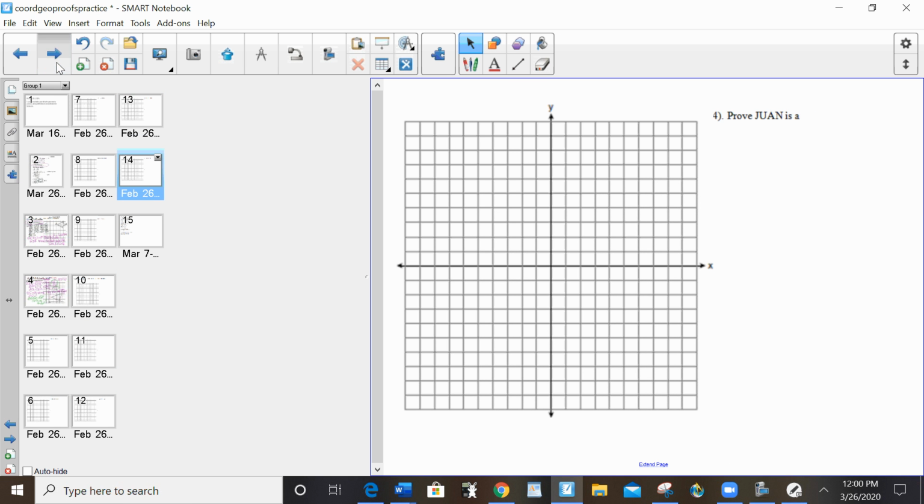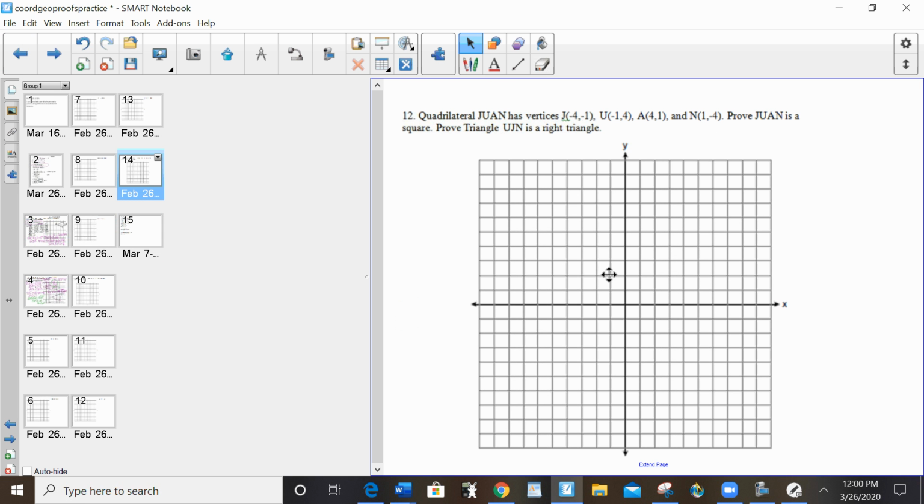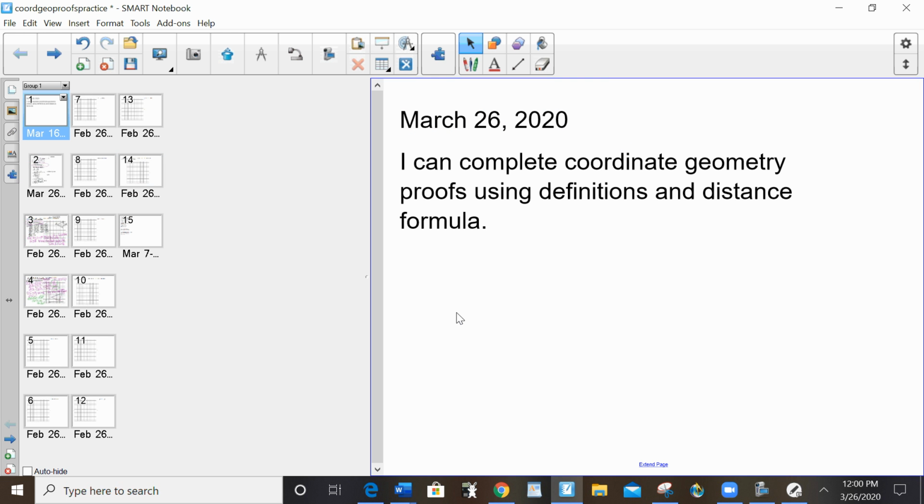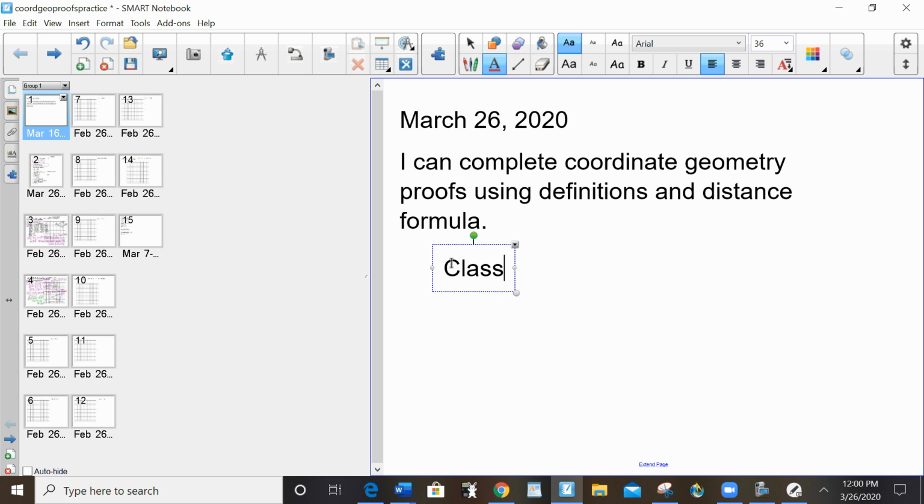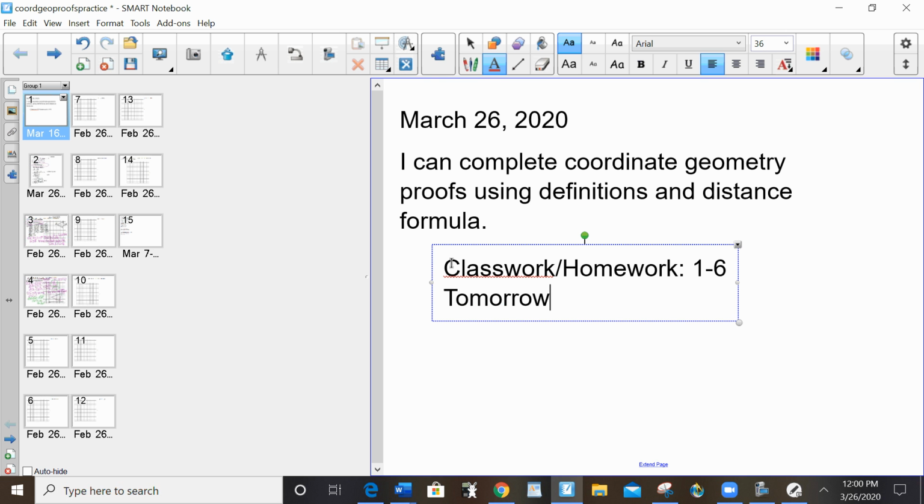So if there are 12, let's say classwork/homework is 1 through 6. And I'm going to tell you right now, tomorrow it's going to be 7 through 12, and you're going to have a quiz tomorrow on this.